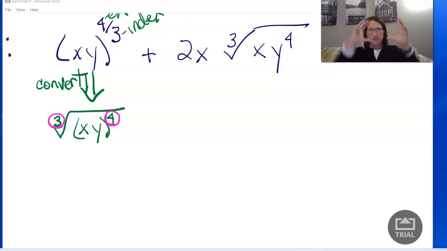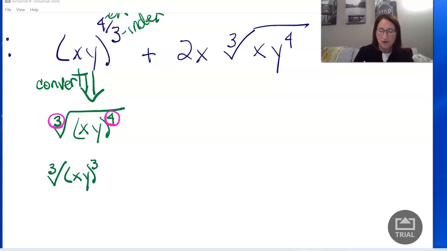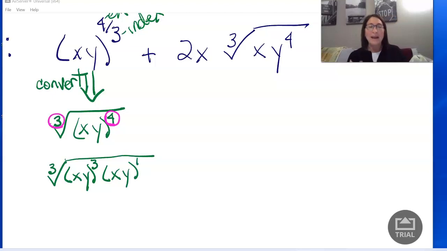I have two quantities in parentheses that are being multiplied, and there's my cube root. So I'm going to do xy to the third, times xy to the first. So my base is xy, so I have a like base. And if I add 3 plus 1, it gets me back to that 4.